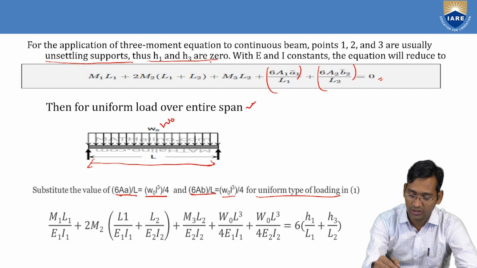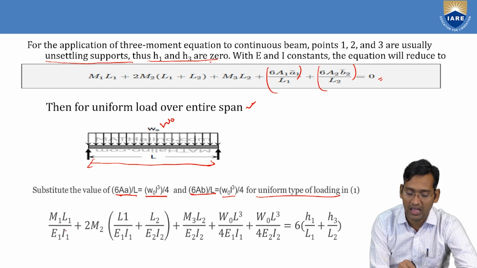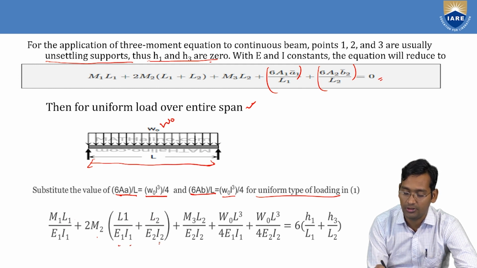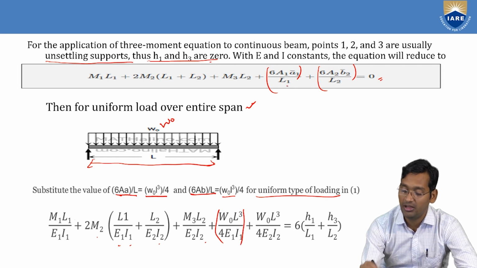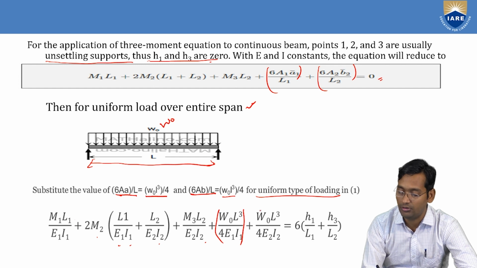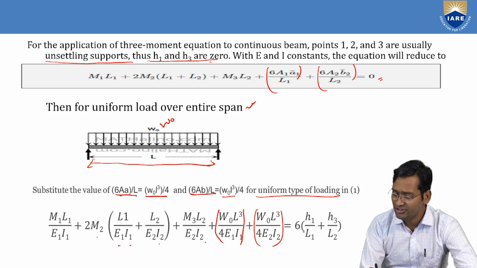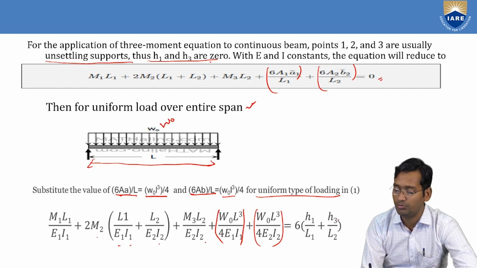So substituting there, M1 L1 by E1 I1 plus 2 M2 into (L1 by E1 I1 plus L2 by E2 I2) plus M3 L2 by E2 I2 plus, for 6A1 a1 bar by L1, W naught L cubed by 4 into E1 I1, plus for 6A2 b2 bar by L2, W naught L cubed by 4 E2 I2, equals 6 into (H1 by L1 plus H3 by L2).